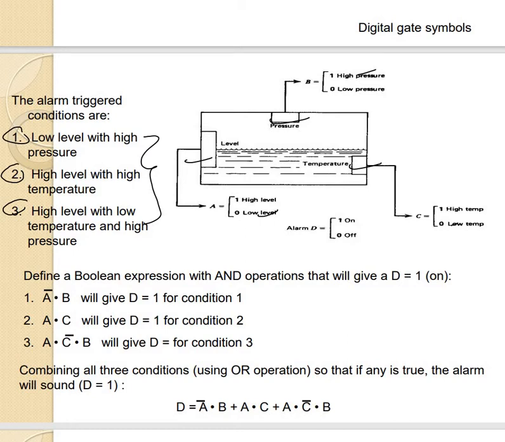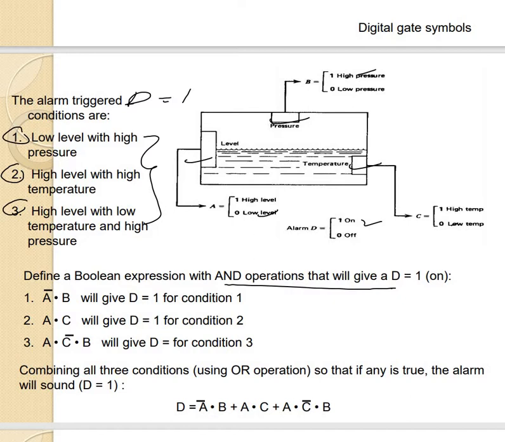We can use the AND operation so that we can get the alarm triggered. That means D equal to 1, right? So alarm triggered on. Let me explain in detail.